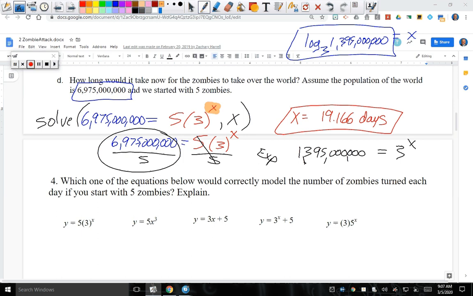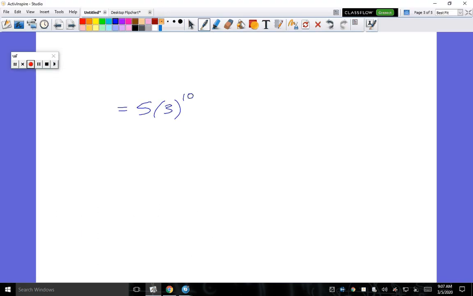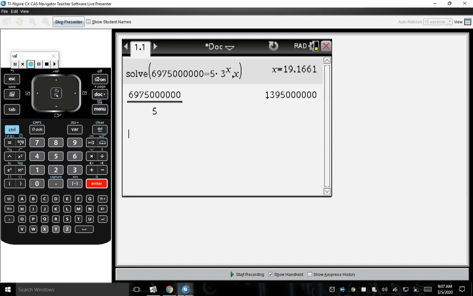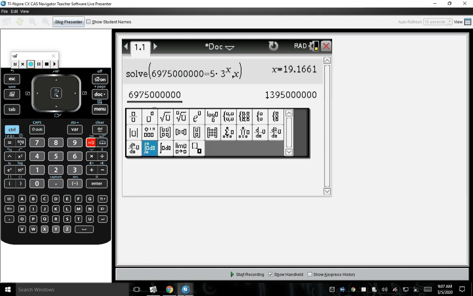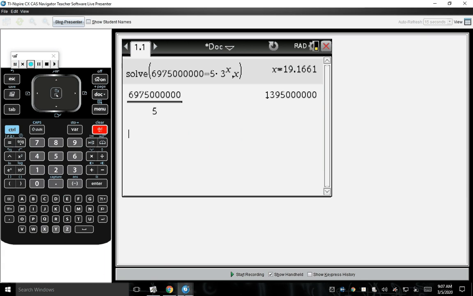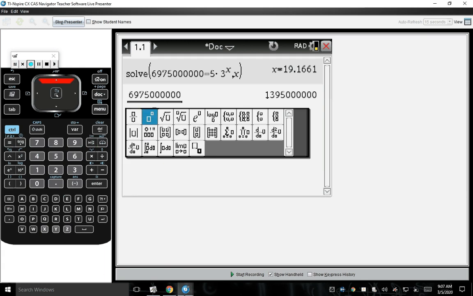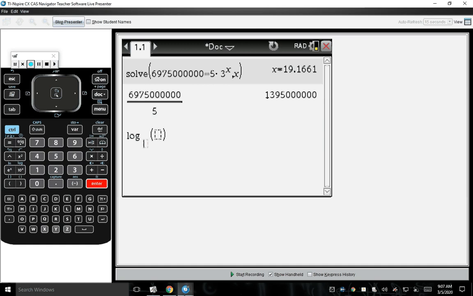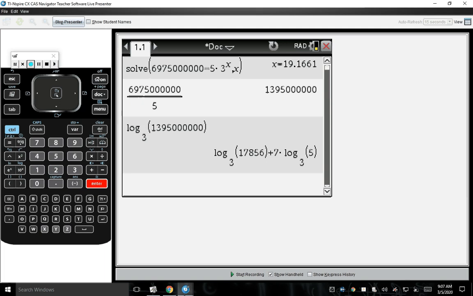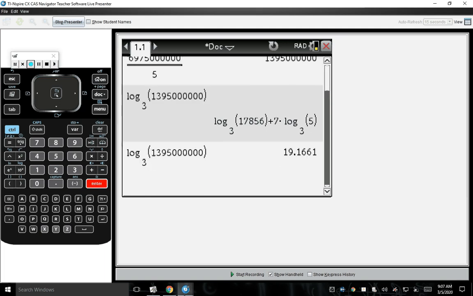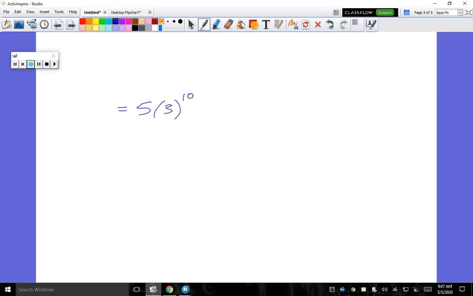So if we were to go over to our calculator, I would press this button here next to the number 9, and I would find the log. And the base was 3. And then I'm going to put this right there. Again, I have to press Control Enter, and it'll give me the same decimal. Okay? Alright, so let's go back.